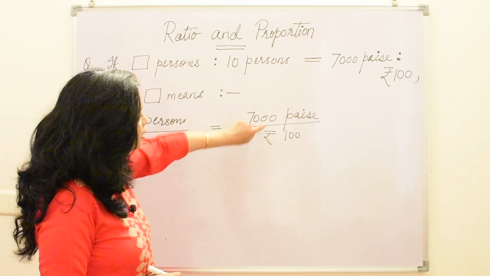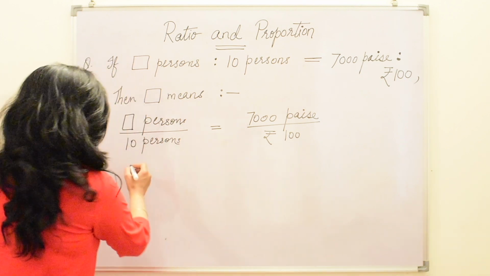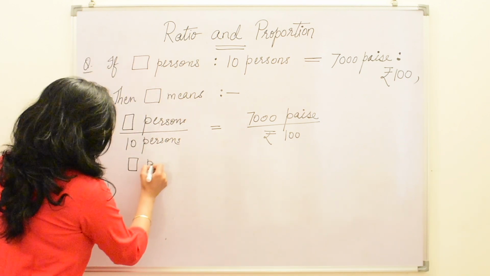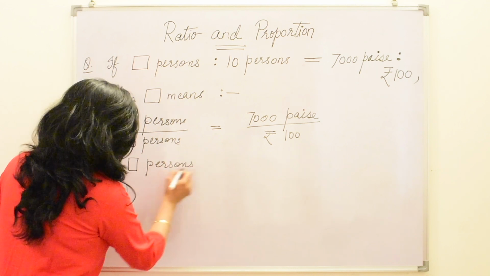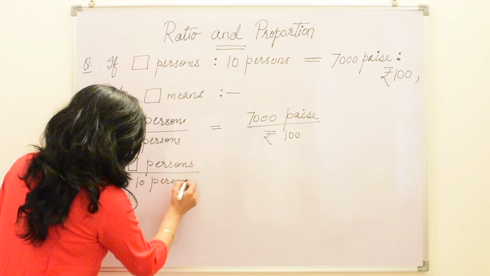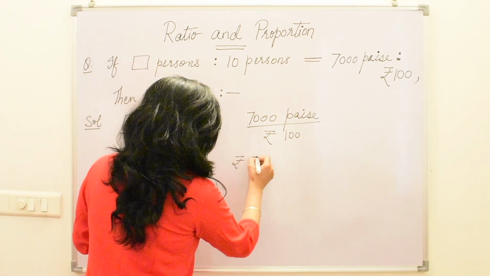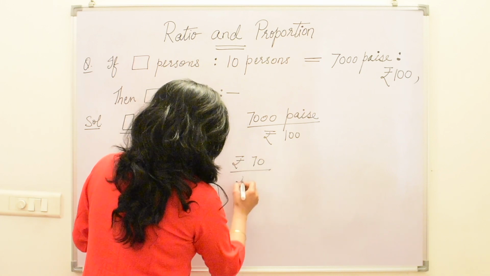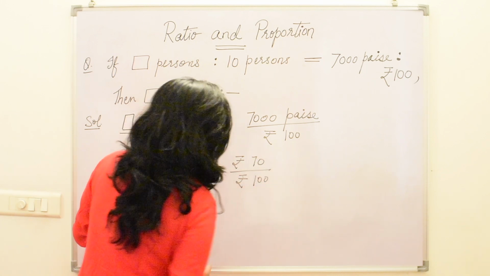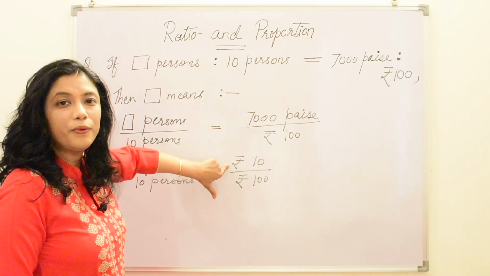See, here the units are different, so we will make the units the same. 7000 paise is equal to rupees 70.